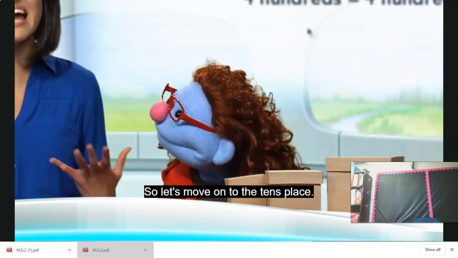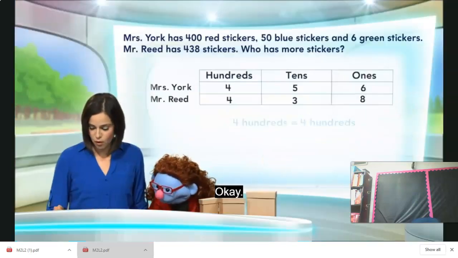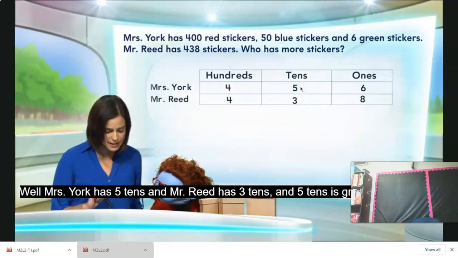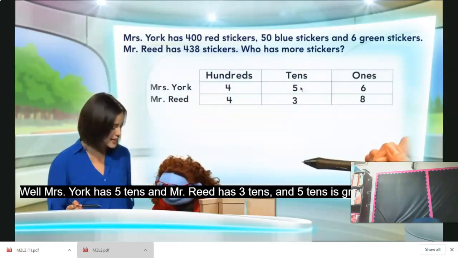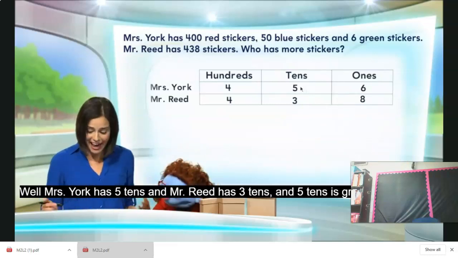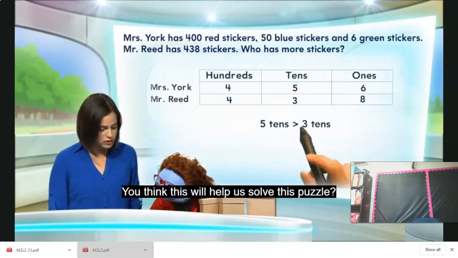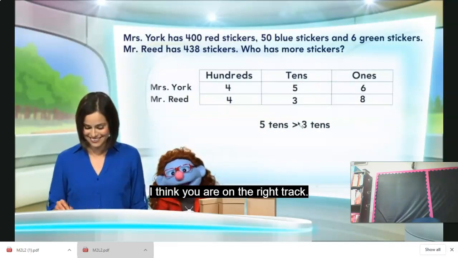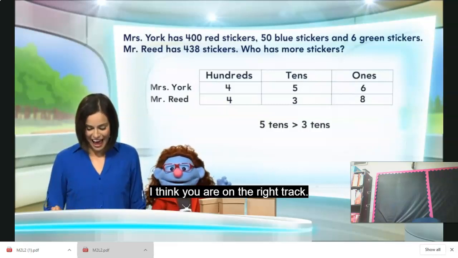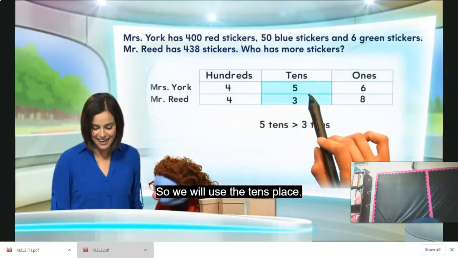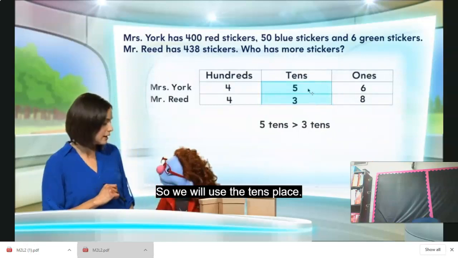So let's move on to the tens place. Well, Mrs. York has 5 tens and Mr. Reed has 3 tens. And 5 tens is greater than 3 tens. Do you think this will help us solve this puzzle? I think you are on the right track. So we will use the tens place.